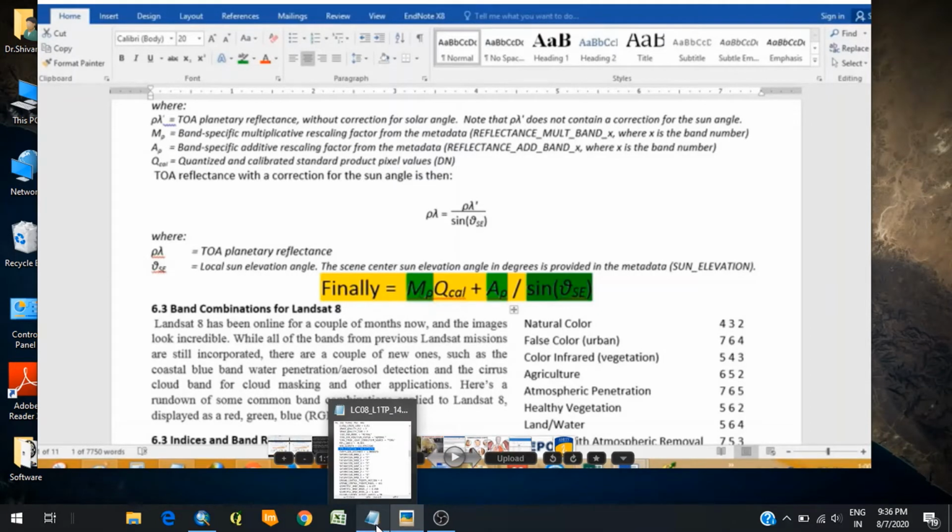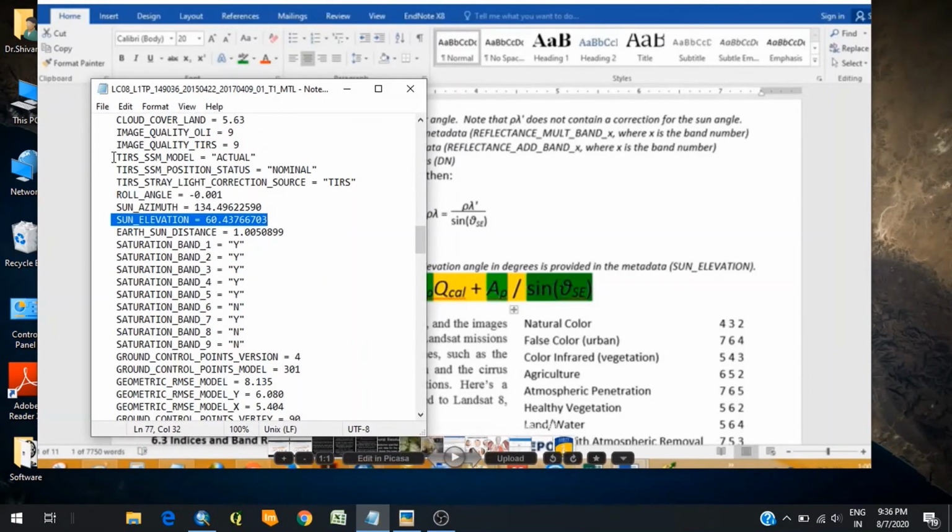Now let me show you, this is the metadata file which was downloaded along with the satellite image. Here you can see the sun elevation is 60.437. So you have to calculate the sine of this value in order to put it in this equation.